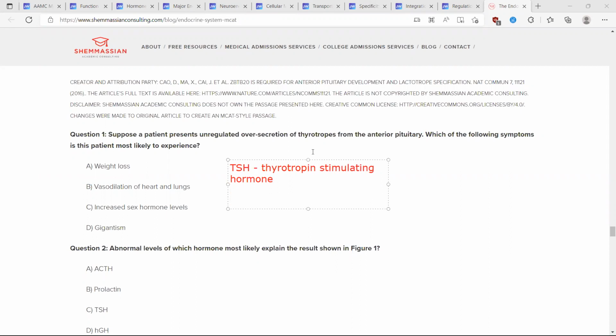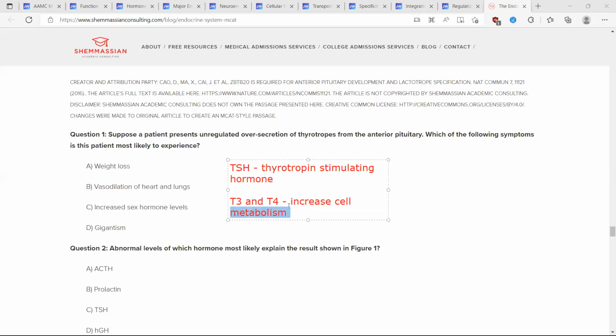So what does the thyroid produce? The thyroid produces T3 and T4. And what do those hormones do? Well, those hormones increase cell metabolism, right? So of these different options, if we have increased metabolism, which of these is most likely to occur?